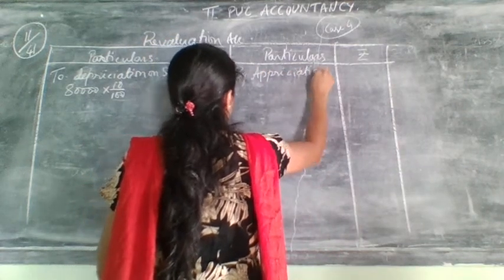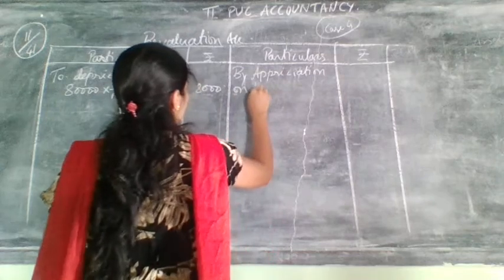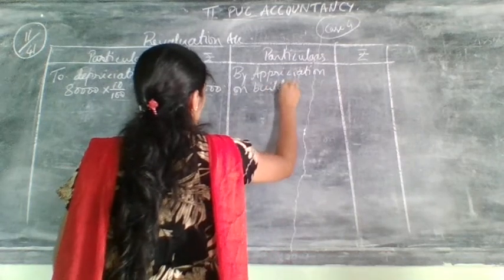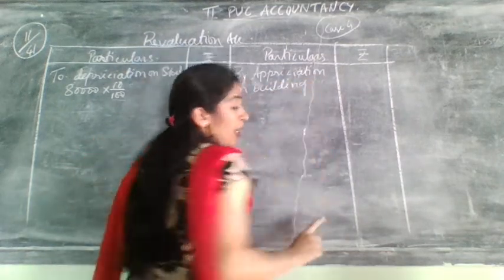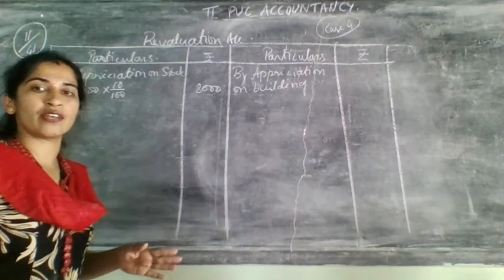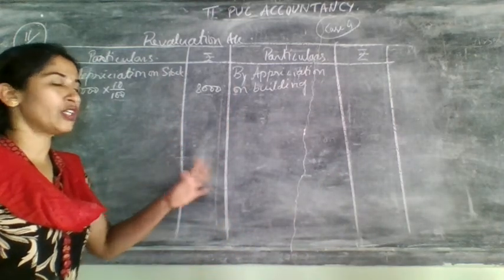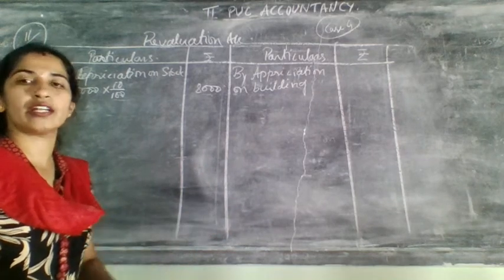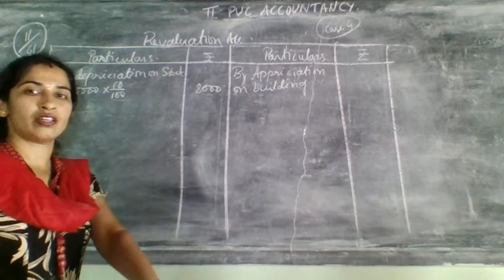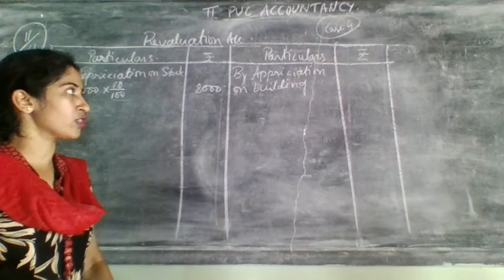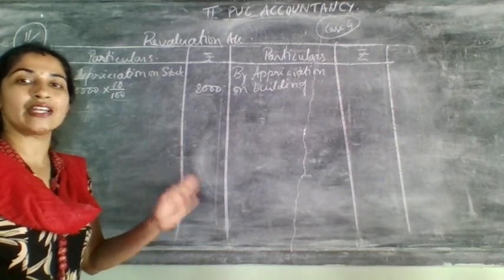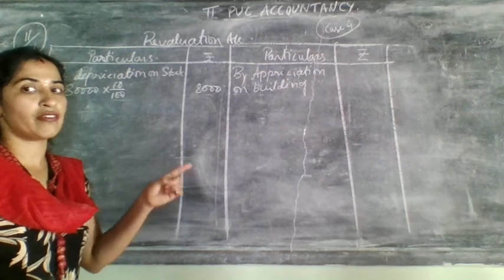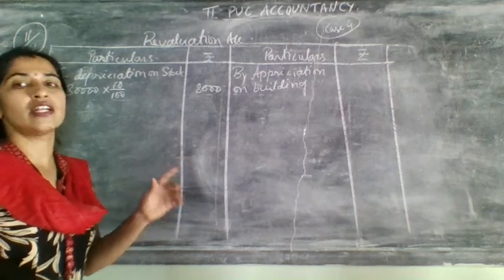By appreciation on building: when "up to" or just "to" is given, what you need to take? You need to write the difference amount. Don't write the balance sheet amount and don't write the amount given in the adjustment either. You need to consider the difference amount. But when they give "increased by", it means direct amount.